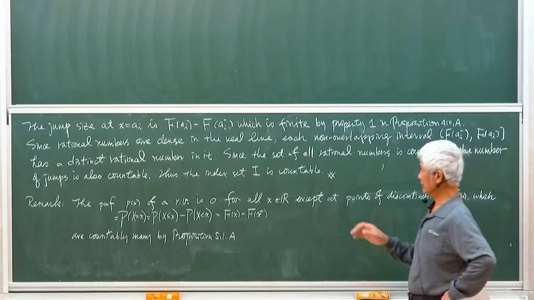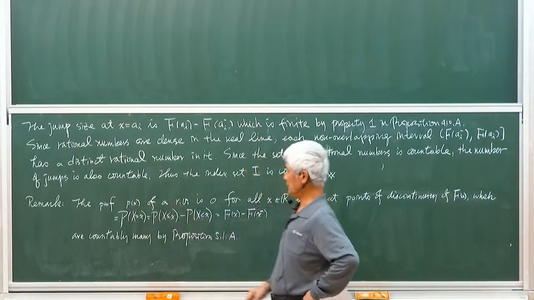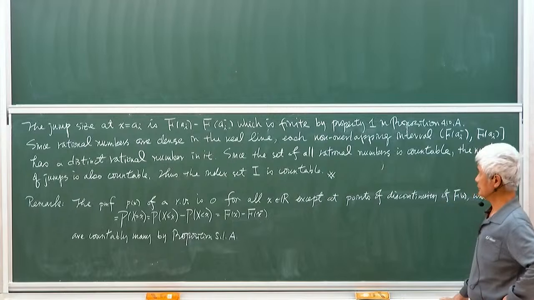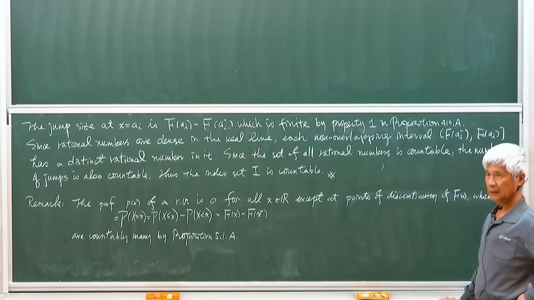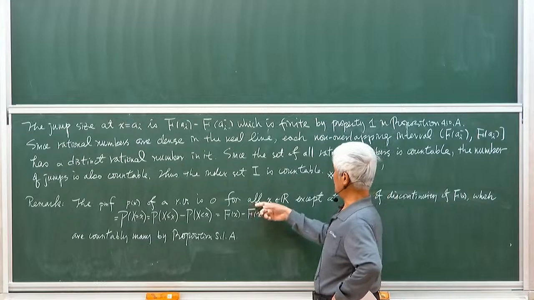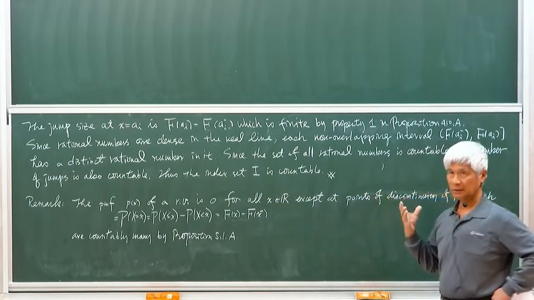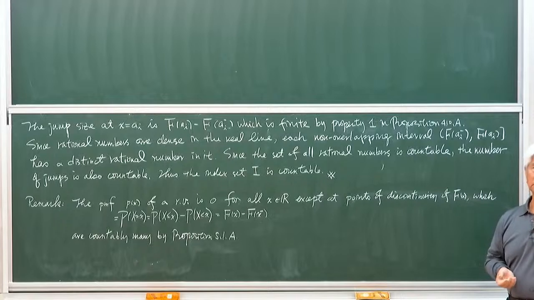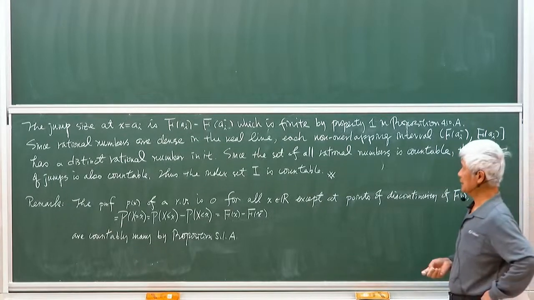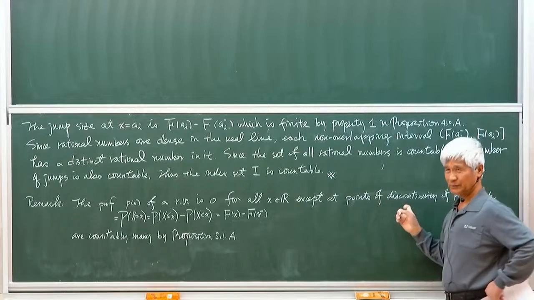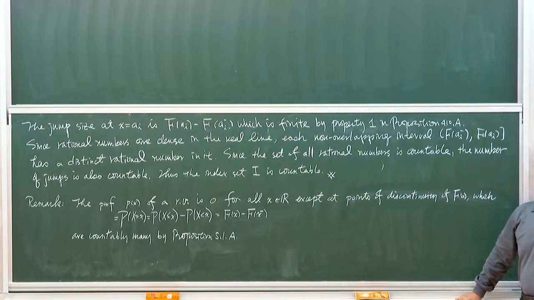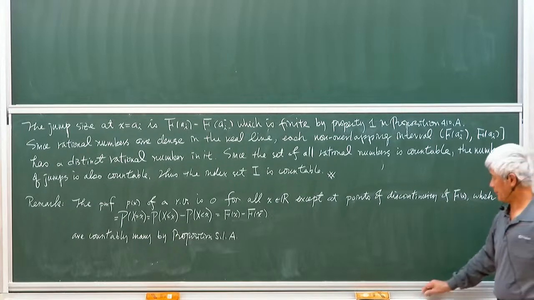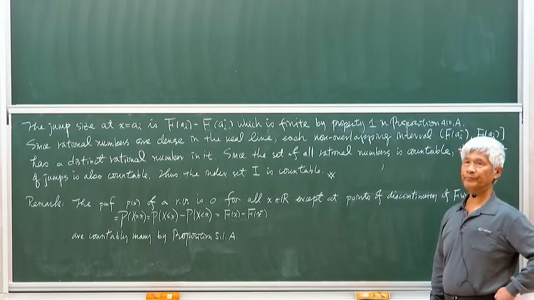For any random variable, the PMF has the same property: the PMF is 0 for all x in R except at countably many points, and specifically at points of discontinuity of the CDF. Other questions?